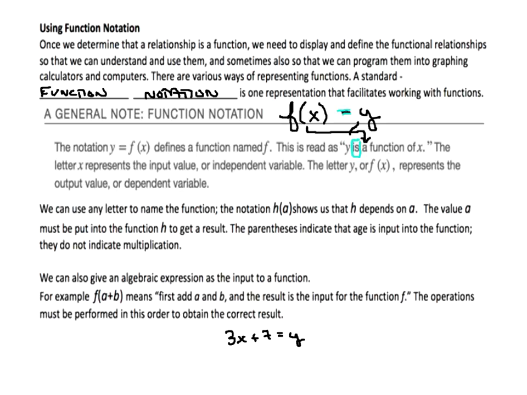So the is comes from the equal sign. Y is that side right there, all it says is function of x. In other words, I'm going to plug in some x value into an expression, and I'm going to get out a y value.